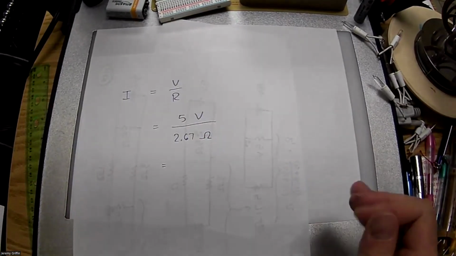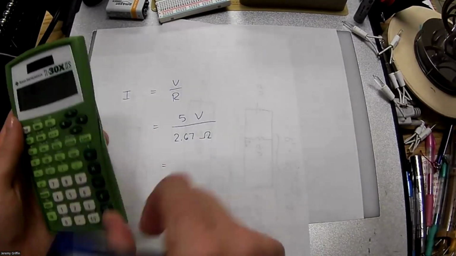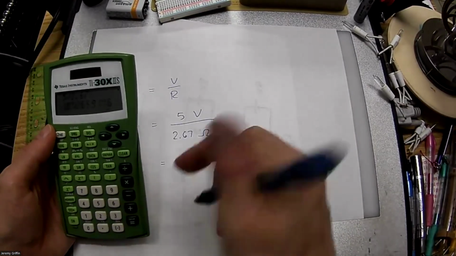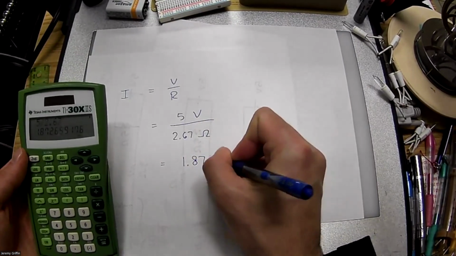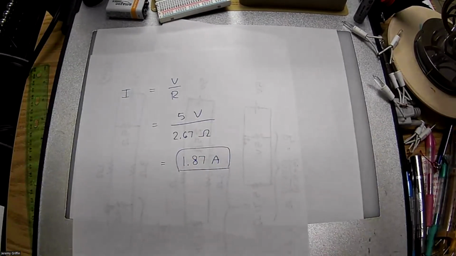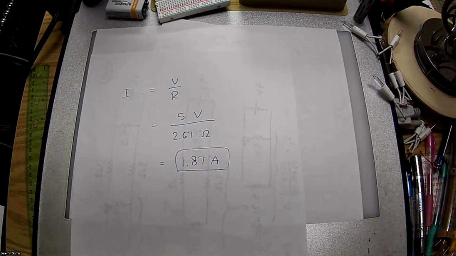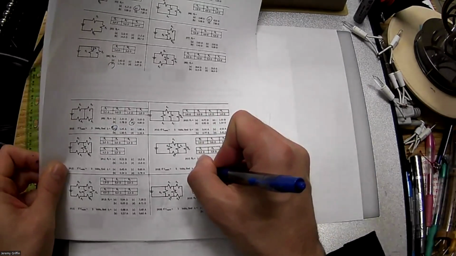What is that? Well, it's 5 volts acting on 2.67 ohms. That is 1.87 amps. Okay. Is that an answer choice on my paper? Yes, it is. Bam, right there.